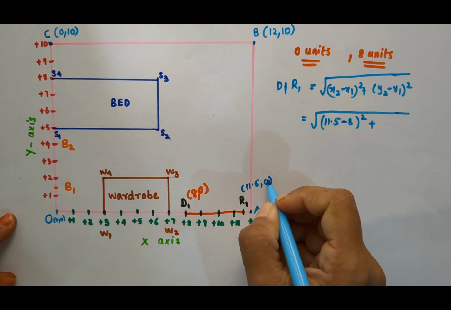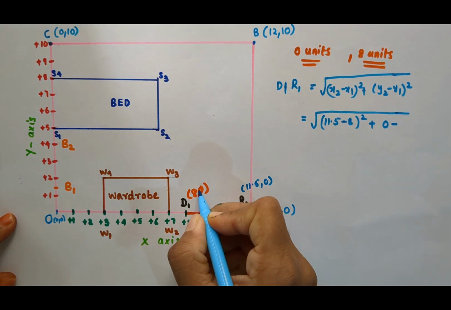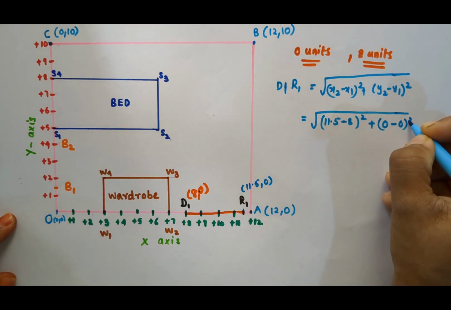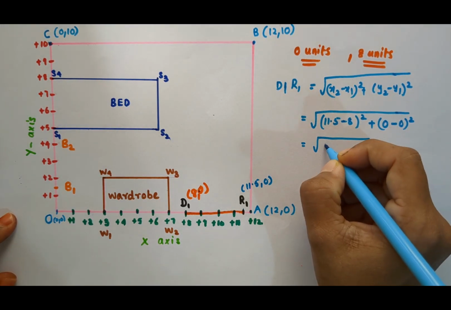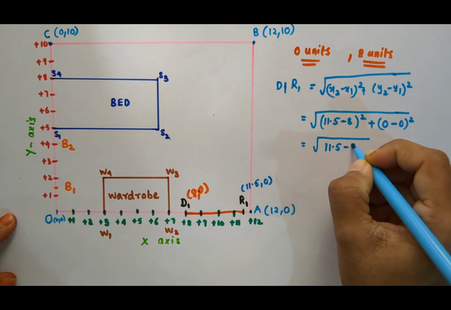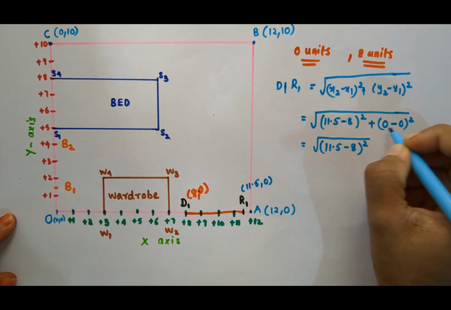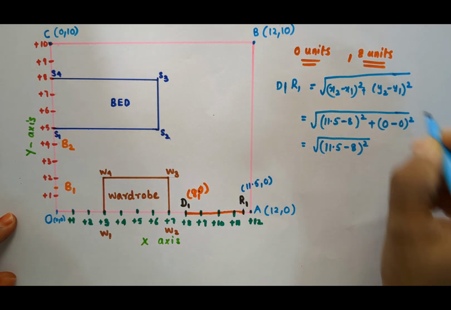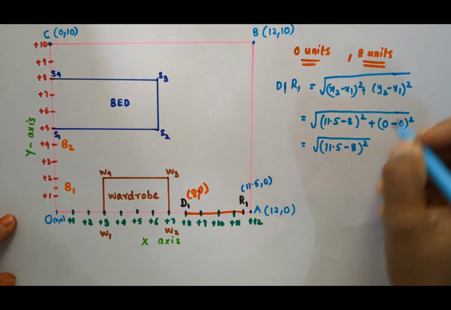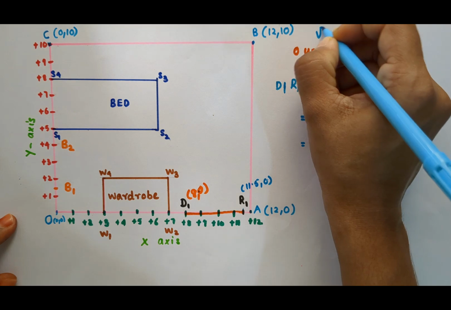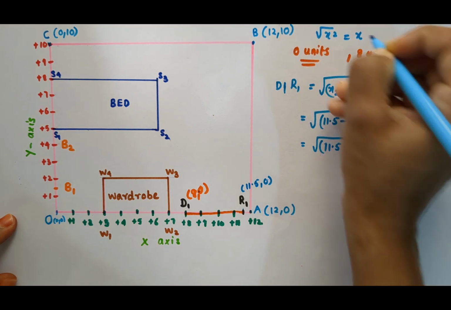The y coordinate of R1 is 0 minus the y coordinate of D1 which is also 0, so (0 minus 0) the whole square. So this will be equal to the square root of (11.5 minus 8) the whole square, because this term becomes 0. 0 minus 0 is 0, 0 square is 0. Then this term plus 0 will become this term only. We know that when we take the square root of x square, that is actually equal to x.